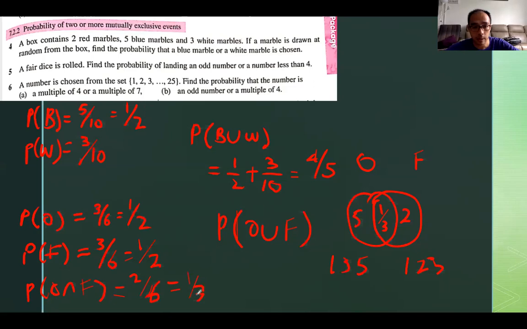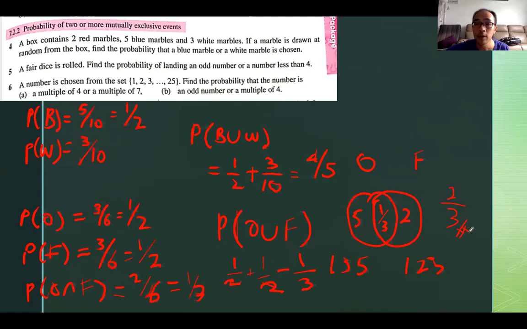So the probability is 1 over 2 plus 1 over 2 minus 1 over 3, which is the first subtopic we learned. Probability of O plus the probability of F minus the probability of O and F, because there is an overlap. And your final answer will be 2 over 3.